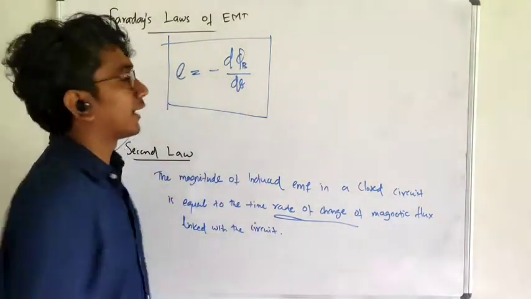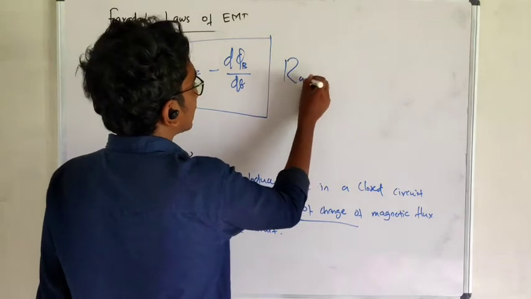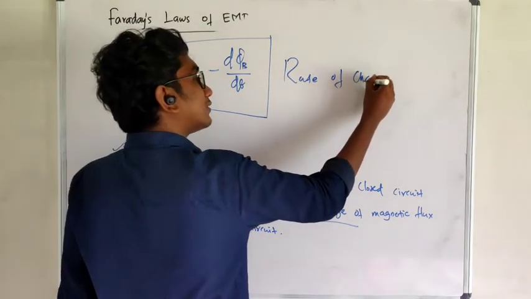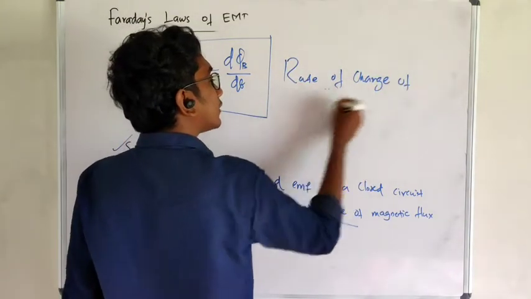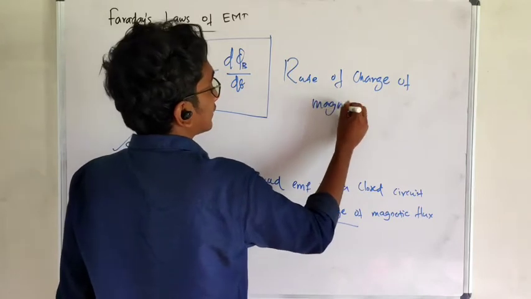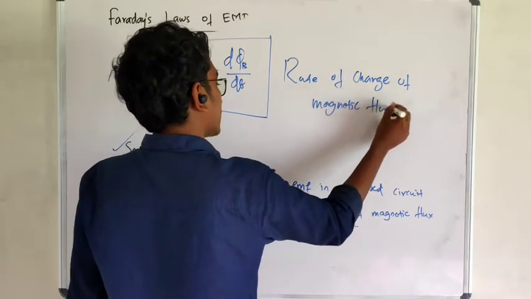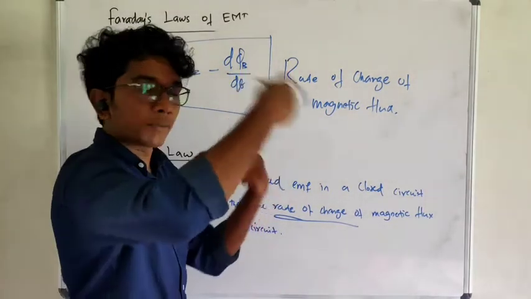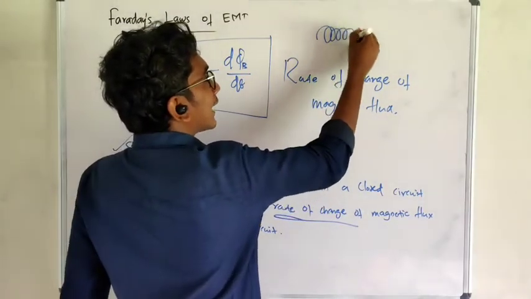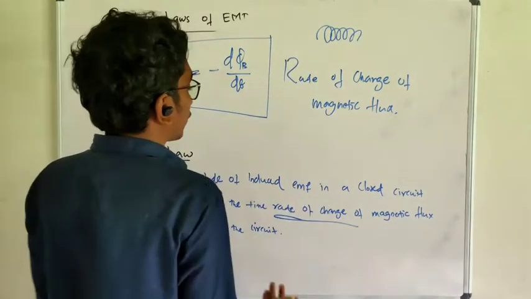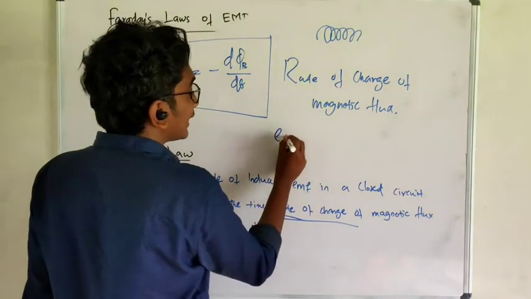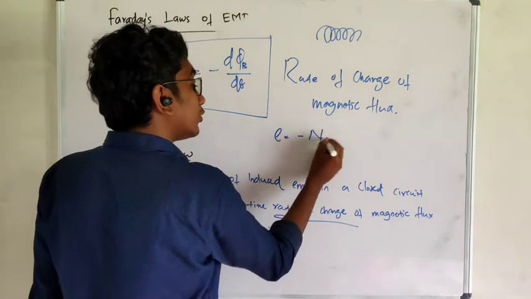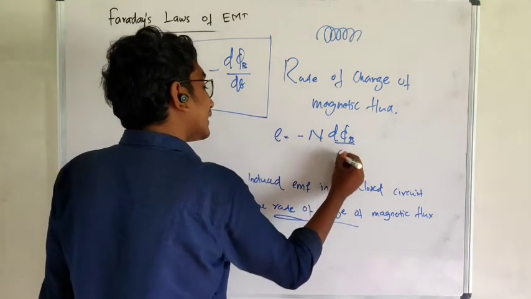Rate of change of magnetic flux. Or I can also write it as, if there are n number of coils, we have been using a coil like this, so suppose n number of coils are there, then I can write E is equal to minus n into d phi b divided by dt.